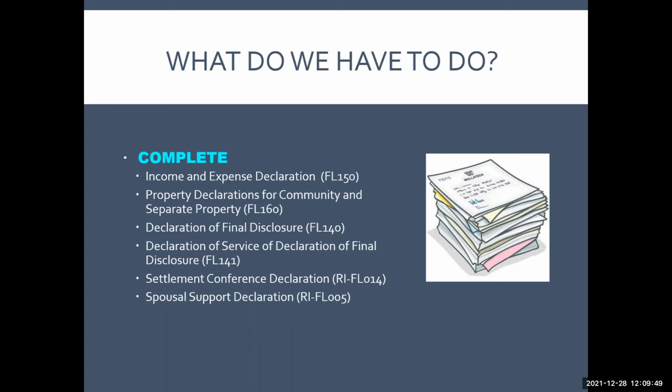Now, all of these documents should be done not only before your mandatory settlement conference, but also before trial. Specifically, the property declarations, the settlement conference declaration or trial brief, and spousal support declarations would be completed differently if you're preparing for an MSC versus a trial.